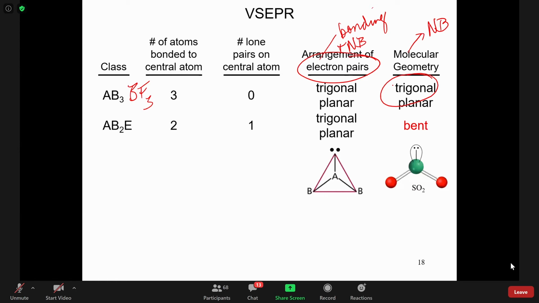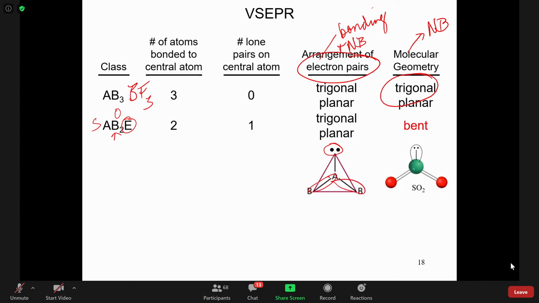Where around our molecule, in something like SO2, we have two atoms that are bonded to the central atom. Those are our oxygens. The A is our sulfur. And then we have a lone pair, AB2E. So that's going to look like this. Now, the electron pair geometry is going to be influenced by both the bonding electrons and the lone pair.